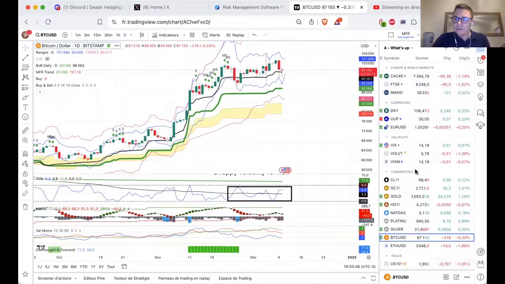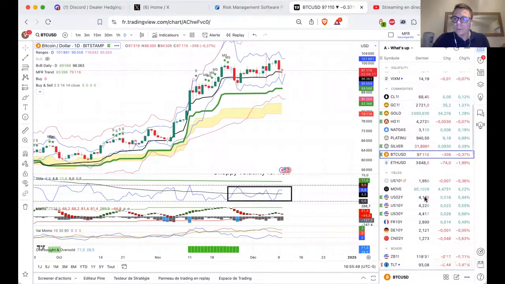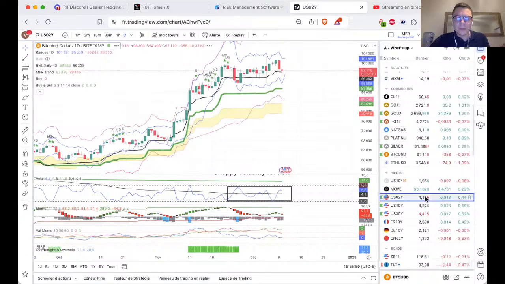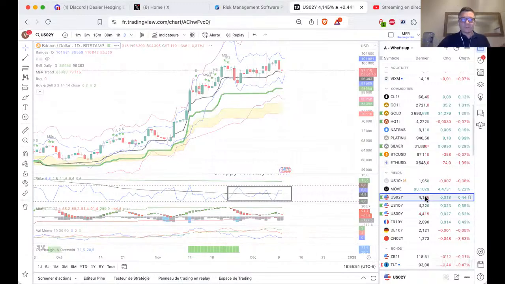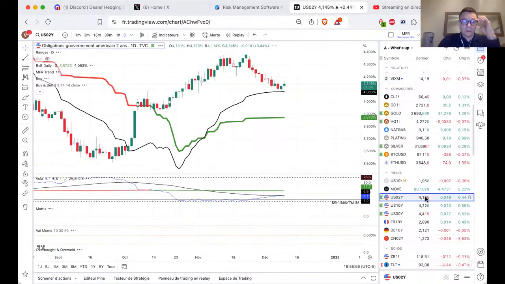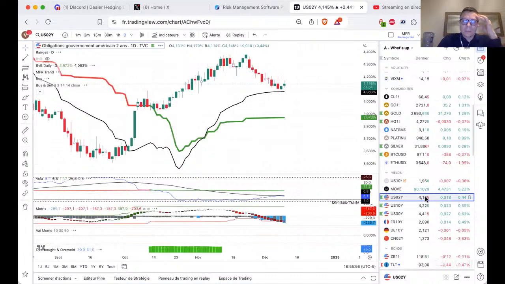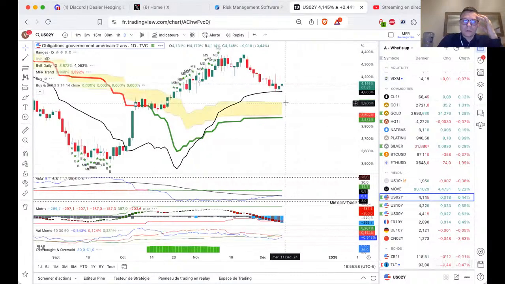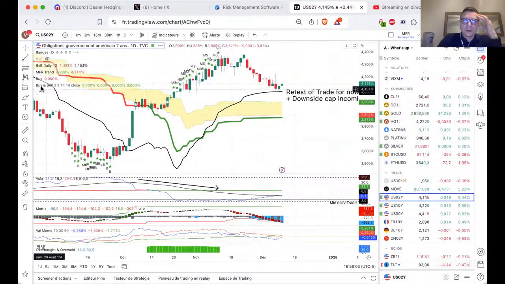Now let's go to yields. So I'm going to go with the 2-year first. So this one, Raghav mentioned it. All the 2-year did was go to retest trade.